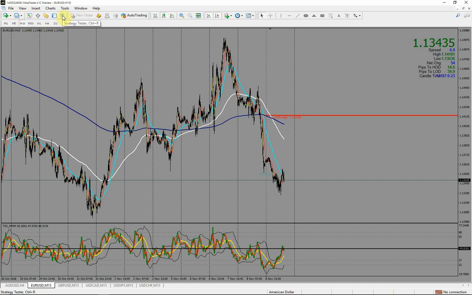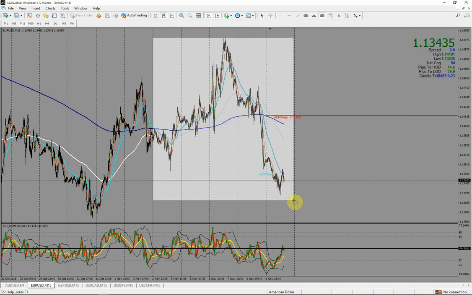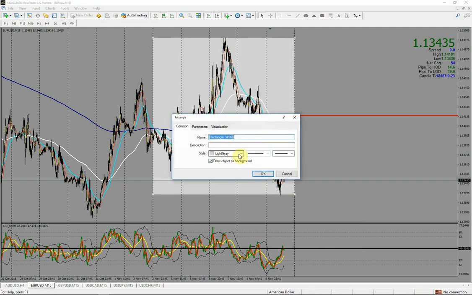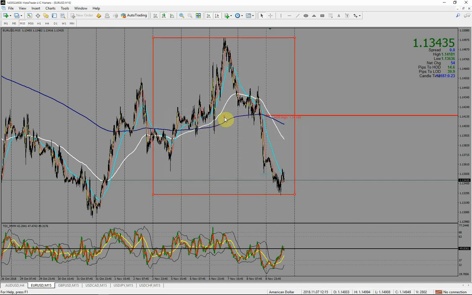I'm just gonna draw a little something there, just to demonstrate my point. So that's a weekly cycle right there. Just gonna draw my Monday, which is the accumulation phase.